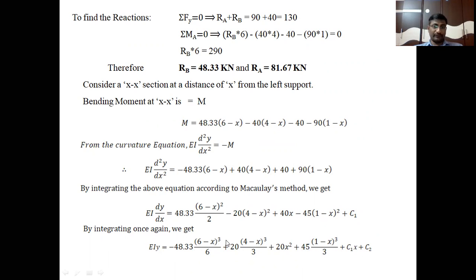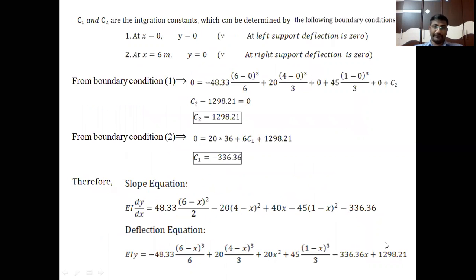So (6 minus 0) whole cube by 6, 20 into (4 minus 0) whole cube by 3, and 45 into (1 minus 0) whole cube by 3 plus C1 into 0 is 0 plus C2. After substitution of the first boundary condition, this is minus 48.33 into (6 minus 0) whole cube by 6 plus 20 into (4 minus 0) whole cube by 3 plus 0 plus 45 into (1 minus 0) whole cube by 3 plus 0 plus C2.